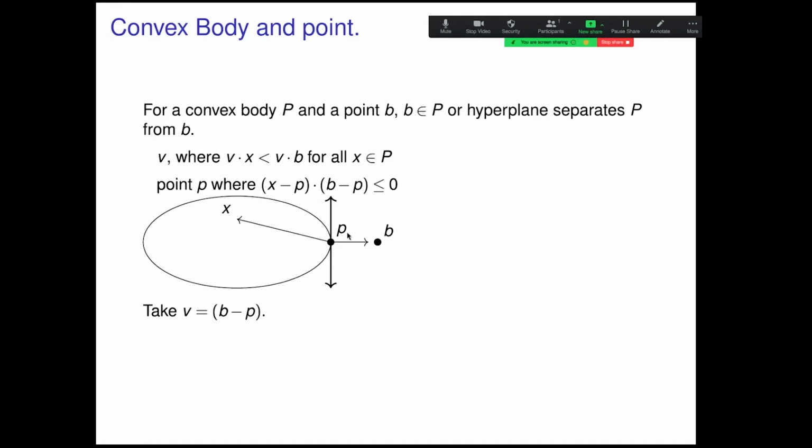So now you can take V to be B minus P. And then that satisfies this thing, right? Because along this vector, in this direction, there's some value where all the points over here have dot product with this vector greater than something, and all the points over here have dot product less than it, right? Remember cosine, dot product gives you the projection in that direction. Okay?